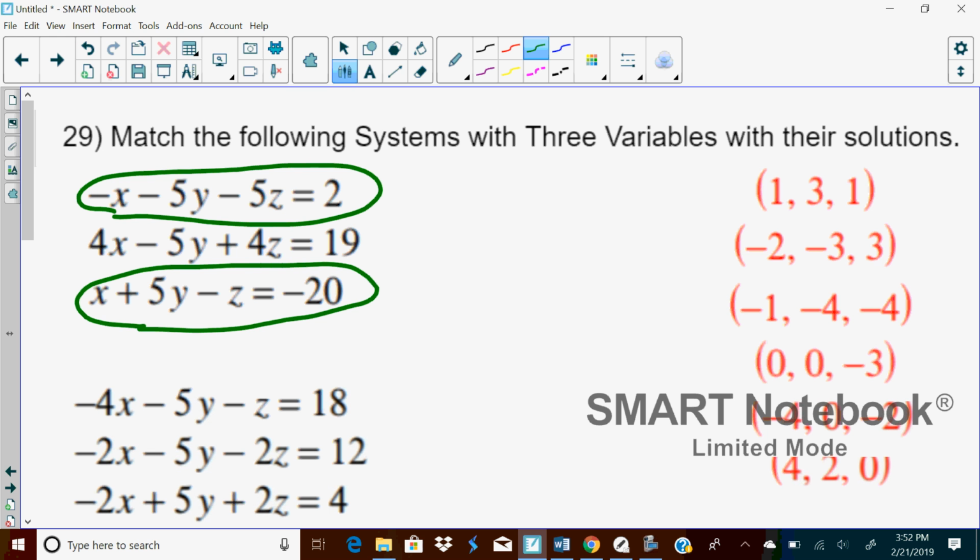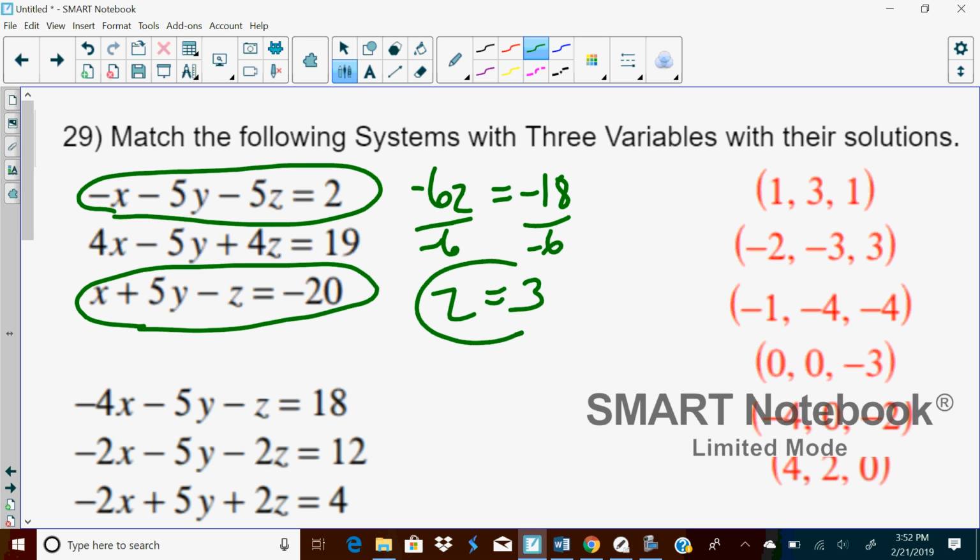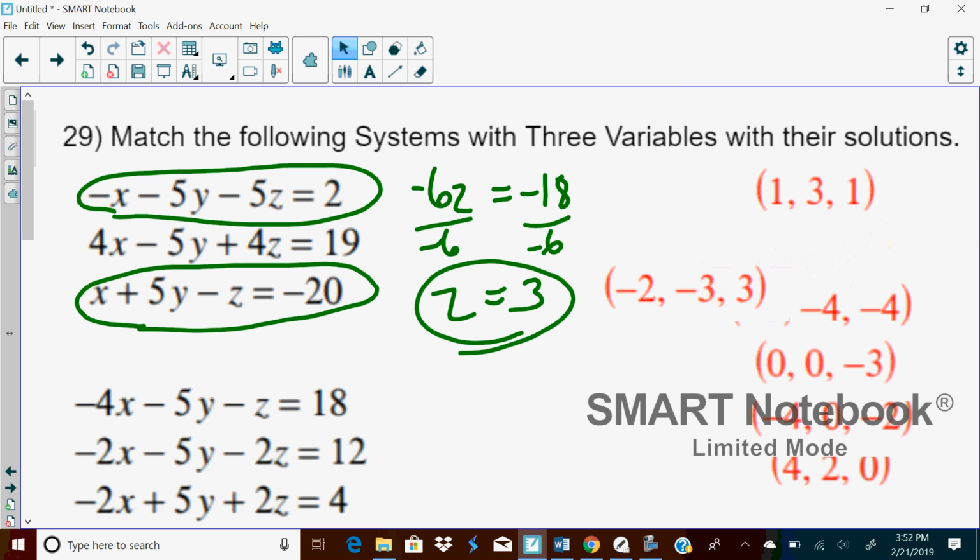The x's canceled out, the y's canceled out, and I got negative 6z equals negative 18. So z ended up equaling 3. Then I looked for the one that had 3 as z in it, and there's only one of them, so it had to be this one that matches.